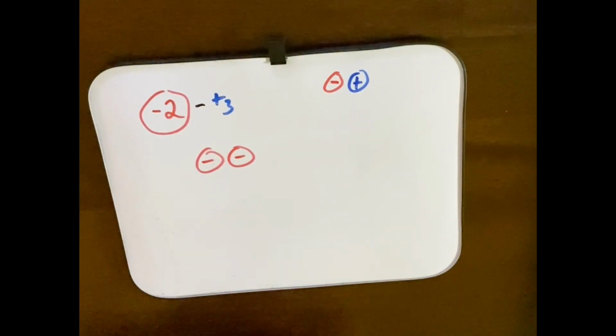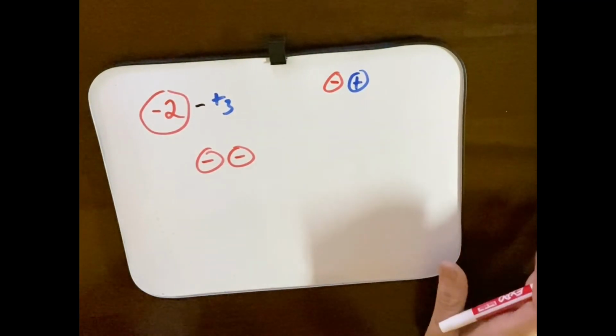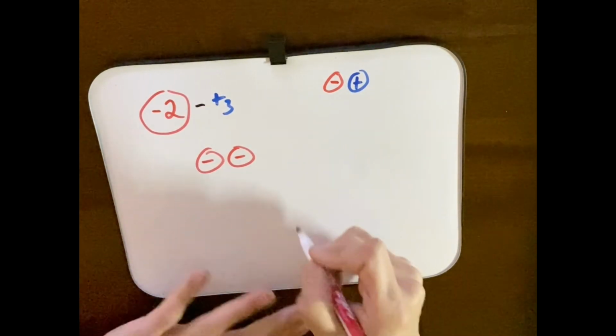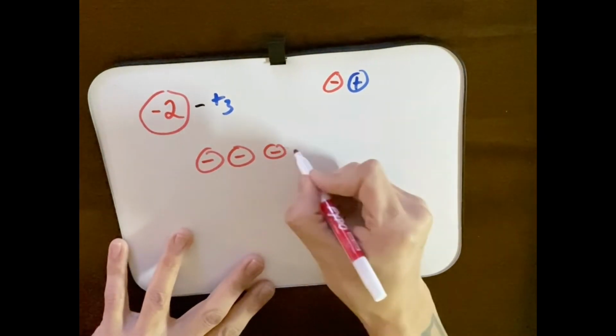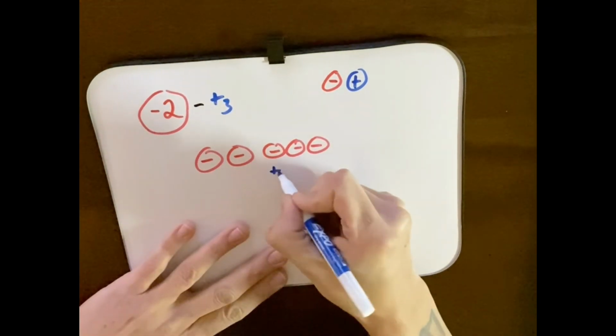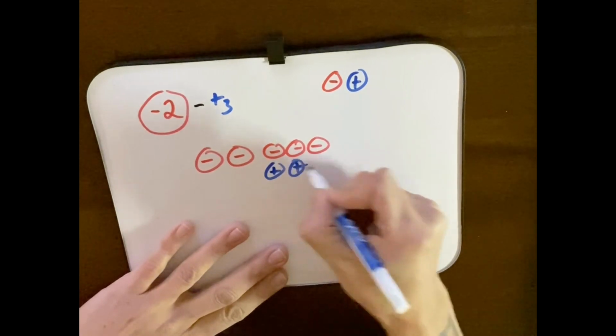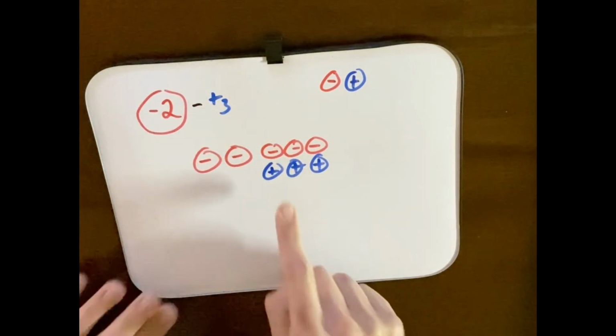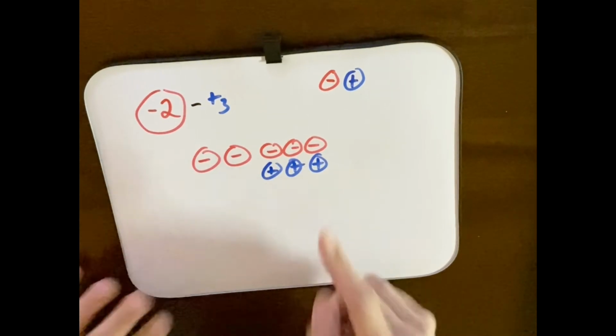So we're going to put enough 0 pairs in so that we are able to take away 3 positives, all right? So 1, 2, 3. All right, so we put in these 0 pairs.